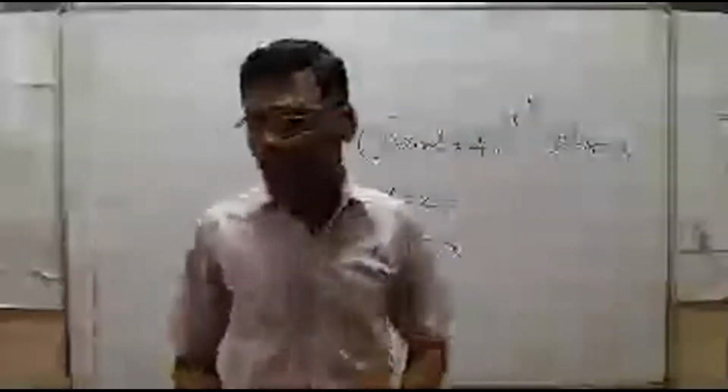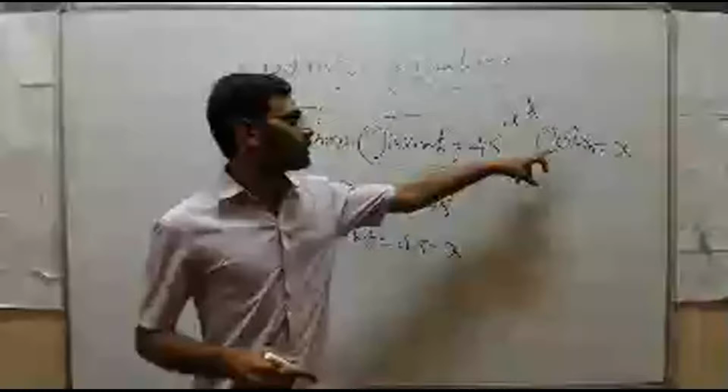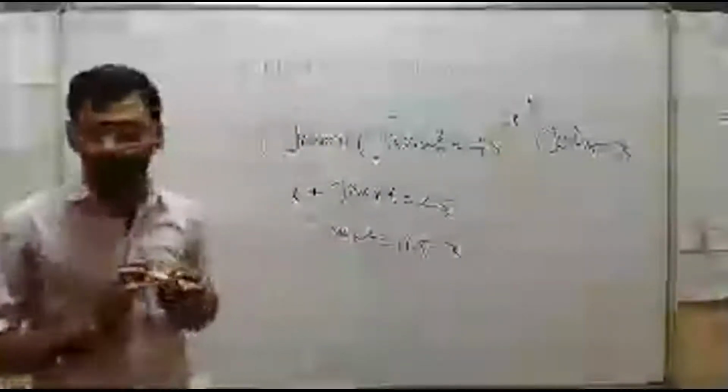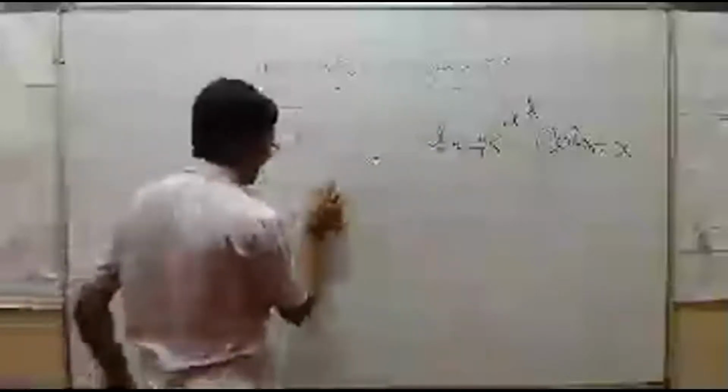Here, let John be x and Jeevanti be 45 minus x. The product of these marbles: John is x, Jeevanti is 45 minus x.